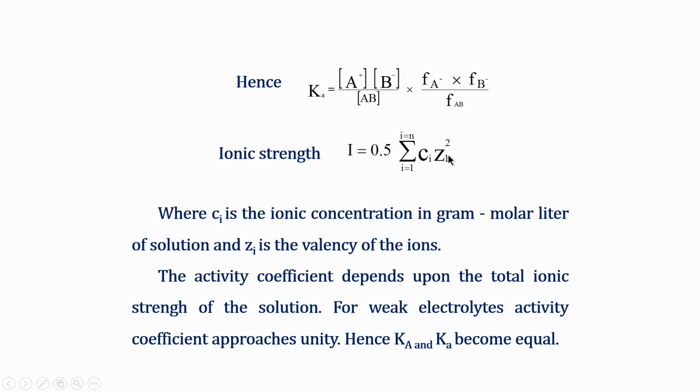Z is the charge, the valency of the ions, and this is a very important term which we keep on using in our course regularly. So, i from 1 to n. Here Ci is the ionic concentration in gram moles per liter, and Zi is the valency.